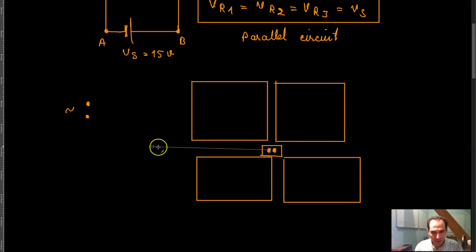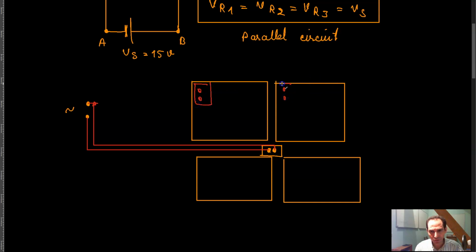This terminal is connected to your mains. Now there is a terminal for this room, then a terminal for this room, then a terminal for this room, then a terminal for this room, right? Then you connect these wires to the mains here.